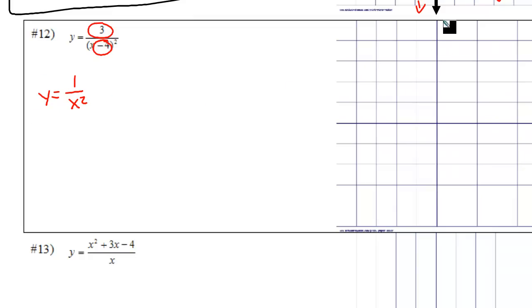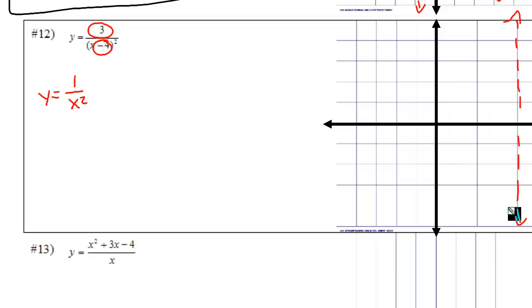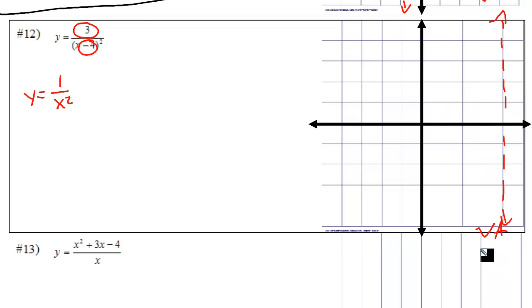Therefore, this graph that had a vertical asymptote at 0 is going to have a vertical asymptote at 4, because this 4 takes it to the right 4. So there are curves which would look like this and like this.